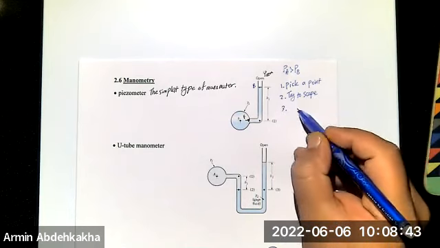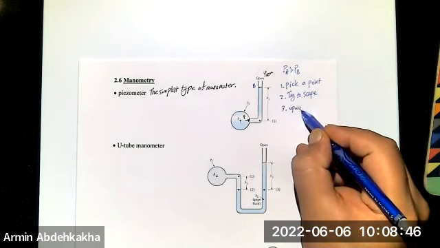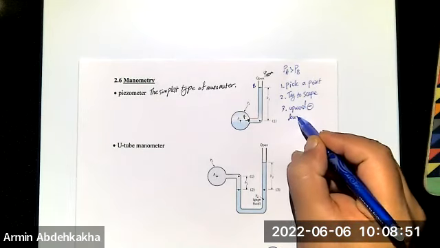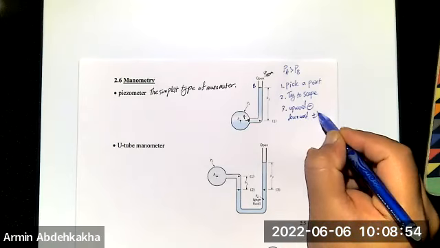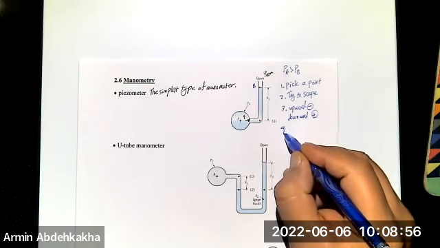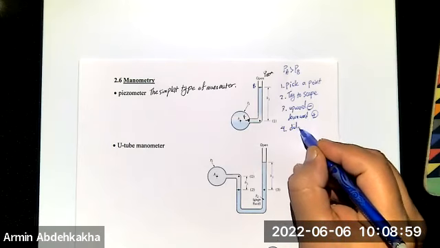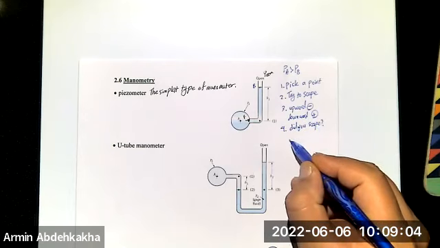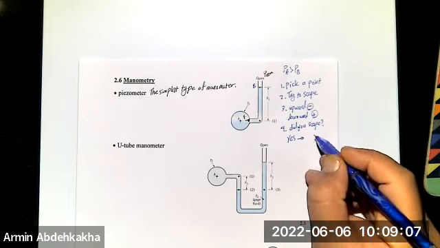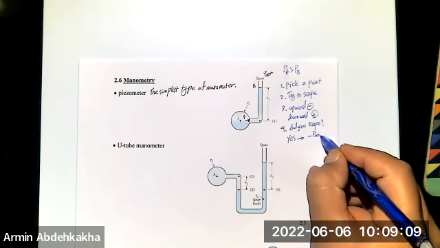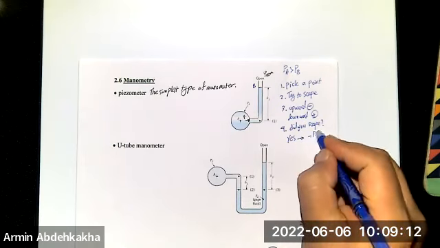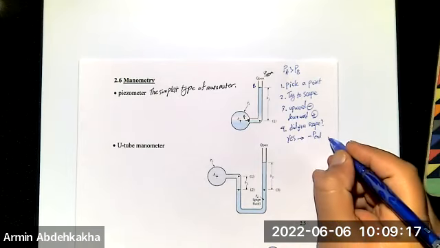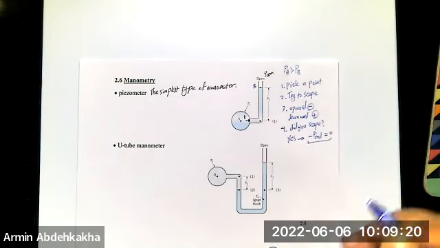Third, when you are going upward, use negative sign, and downward, positive. And 4, did you escape? If yes, then minus P atmosphere, or better to write P end, equal to, okay?